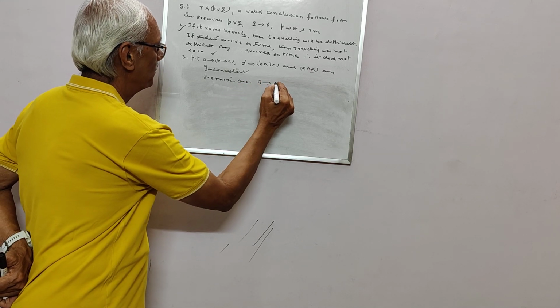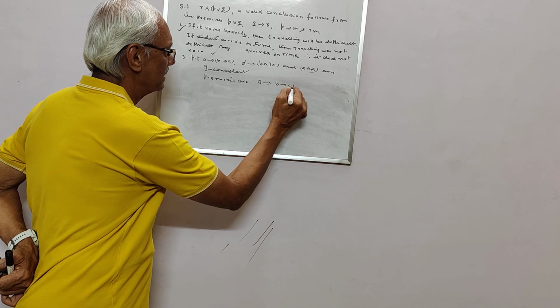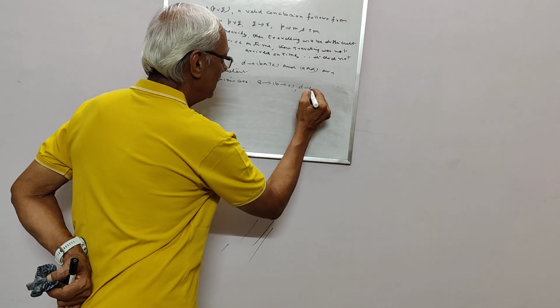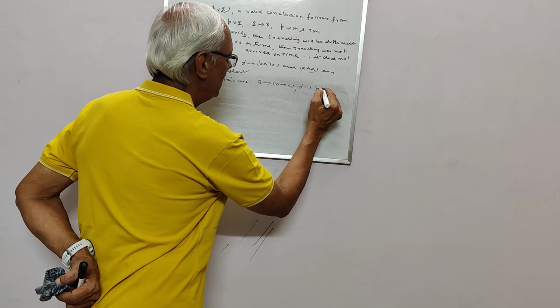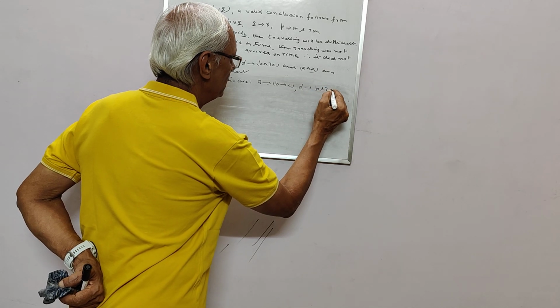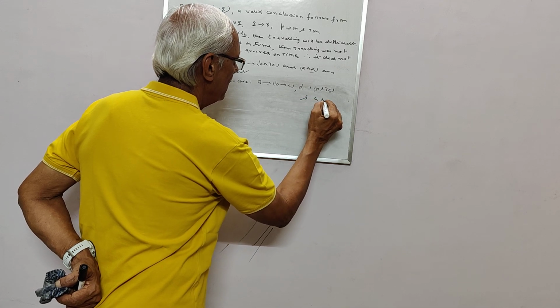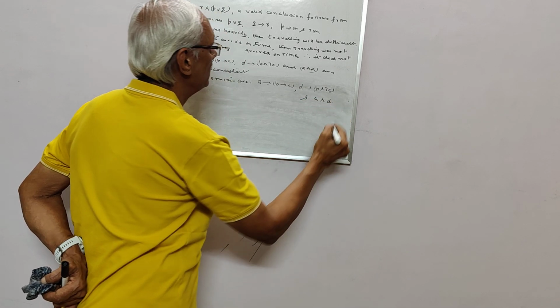A implies B implies C. Next is D implies B conjunction negation C, and A conjunction D.